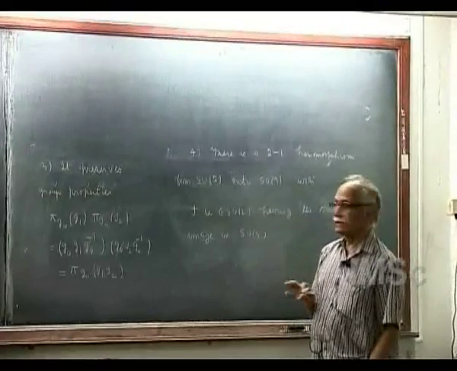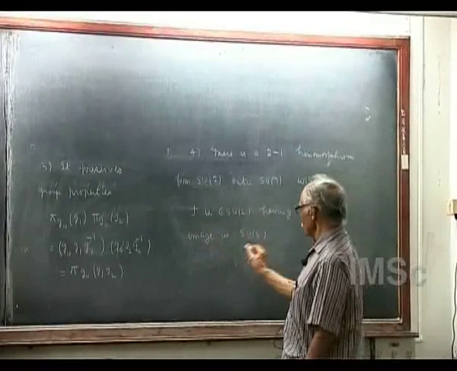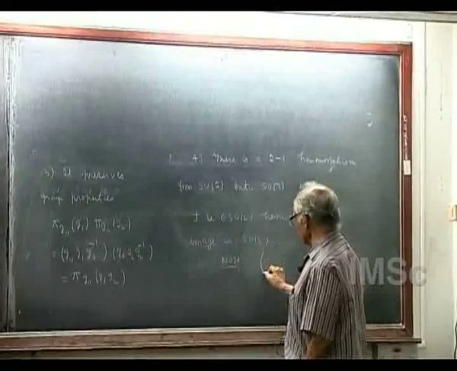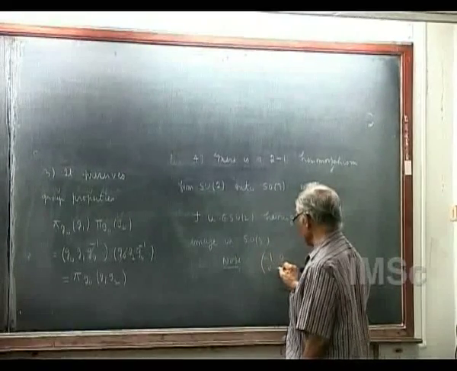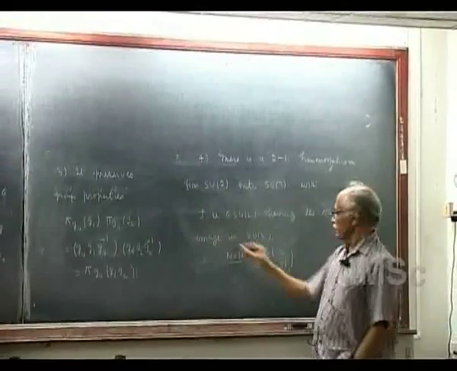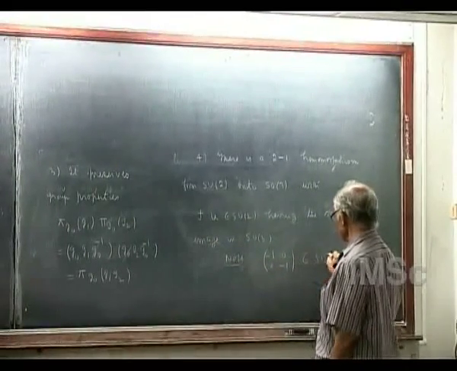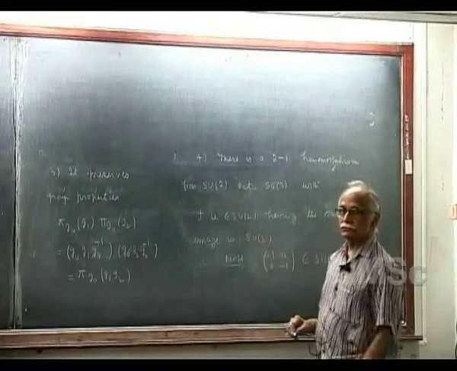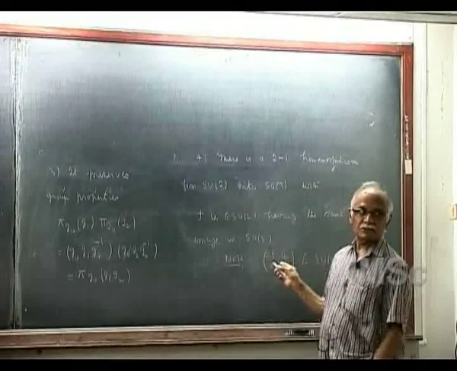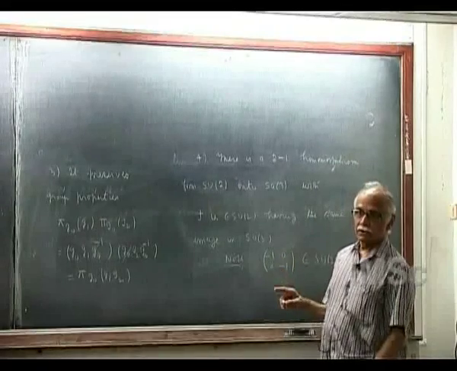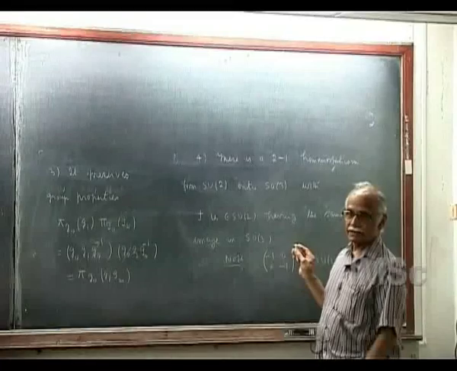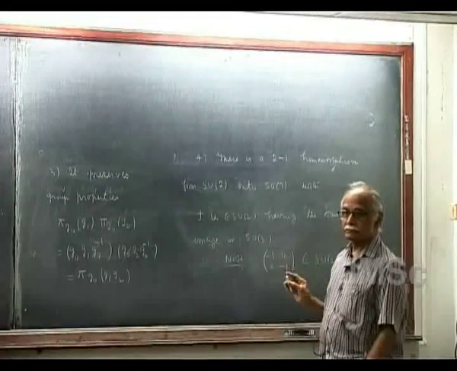One thing you should notice, this plus minus: note this thing, minus 1 0 0 minus 1, which is coming here, is in SU2 because it is unitary, of course, and its determinant is 1. But if you do this in SU3 with 3 minuses, it will not be in that group. So this is quite important.